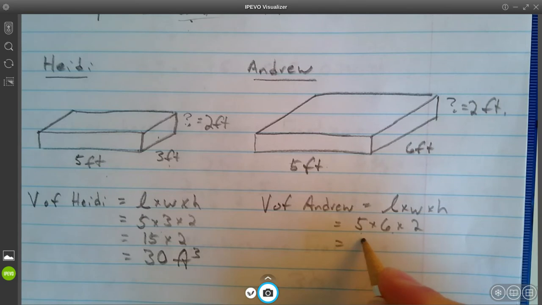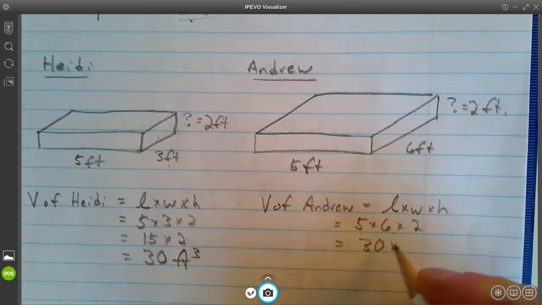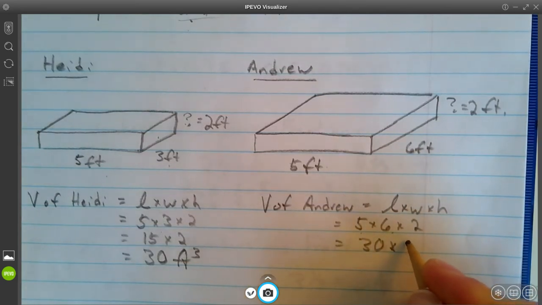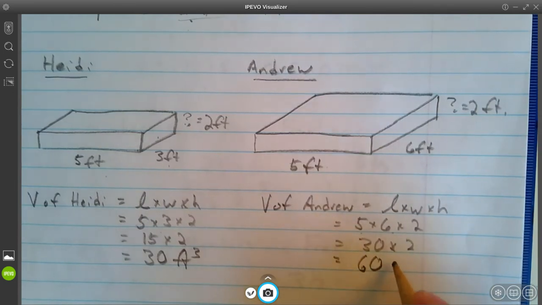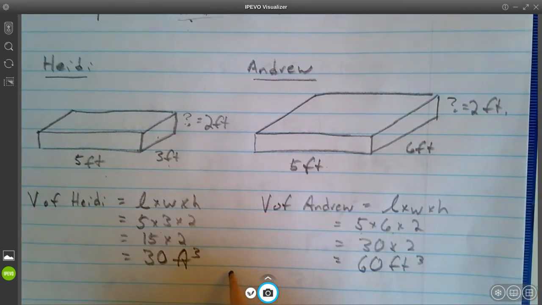That's what, 30 times 2. Yeah, I mean, of course, we doubled one of the dimensions, so it's going to be twice as much. So that's 60 cubic feet. And 30 cubic feet plus 60 cubic feet is 90 cubic feet.